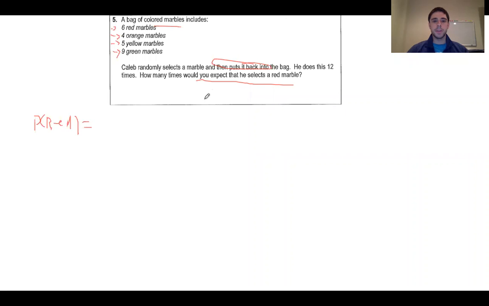The probability is going to be, let's see, we have 6 red marbles. And how many total marbles do we have?